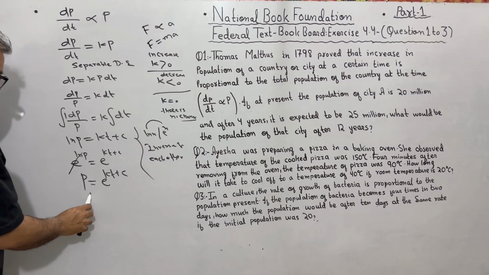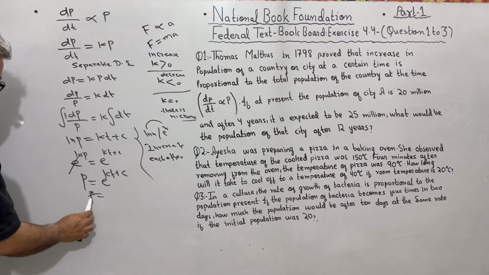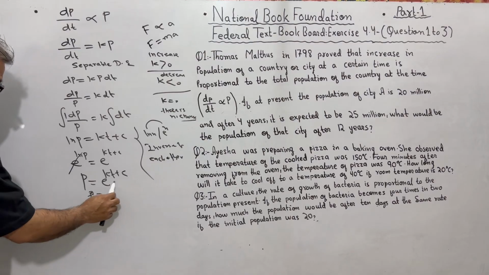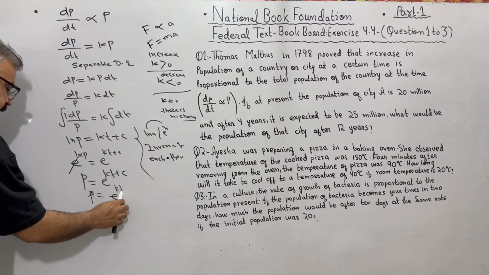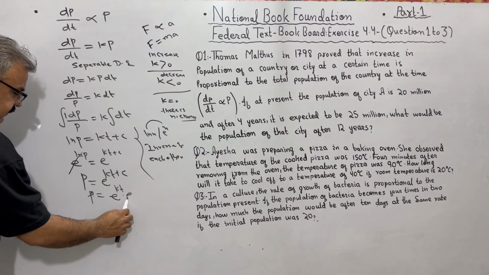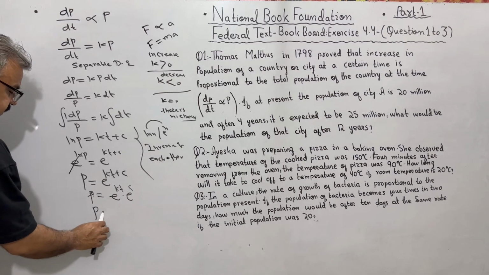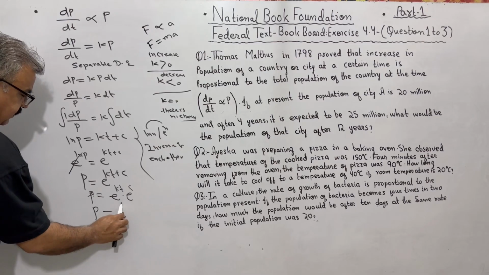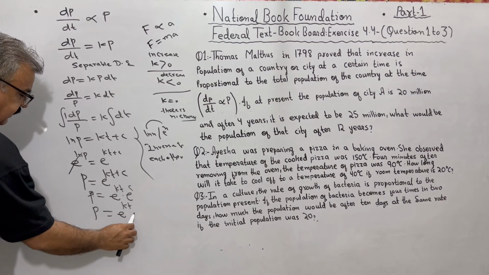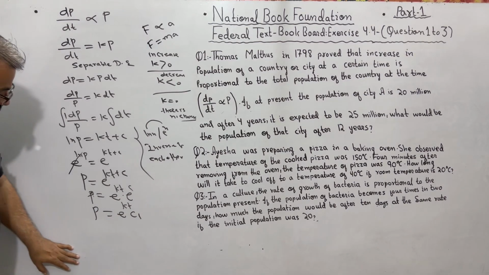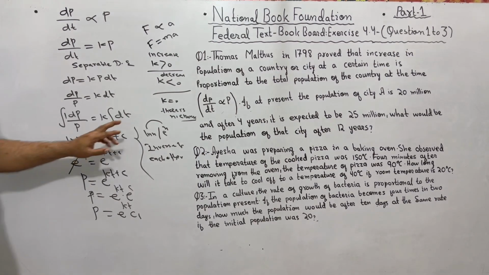If you are good at mathematics, I have already told you while solving separable and homogeneous differential equations, a tiny property of exponents gives us e raised to c. e is a constant raised to another constant. It is a pure constant. Let me introduce, instead of e raised to c, c1. Now utilize the given conditions.